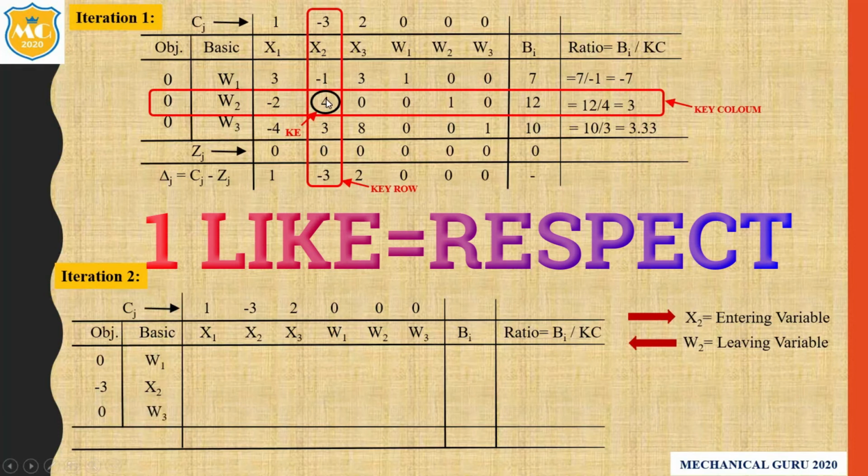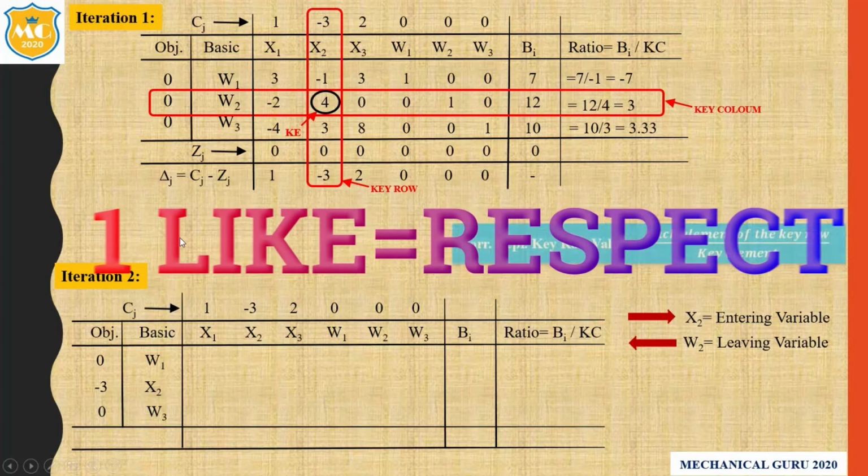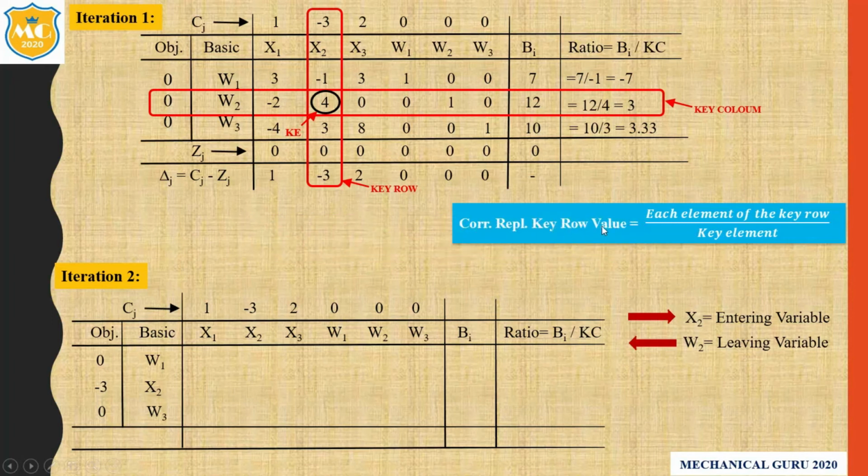Now first we have to replace this key row value. In that we have to use this equation. Replacement key row value is equal to each element of the key row divided by key element, means minus 2 divided by 4, 4 divided by 4, 0 divided by 4, 0 divided by 4, 1 divided by 4, 0 divided by 4 and 12 divided by 4.